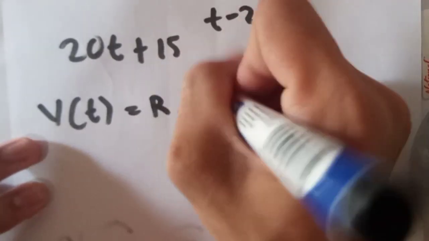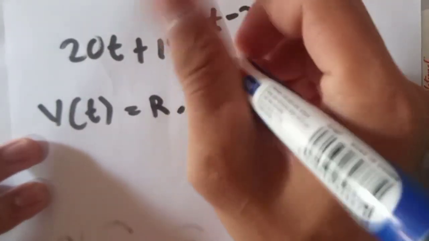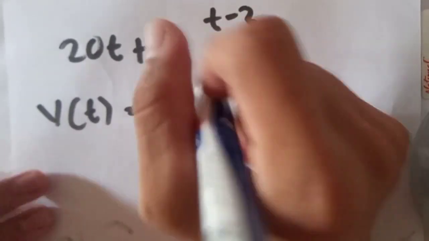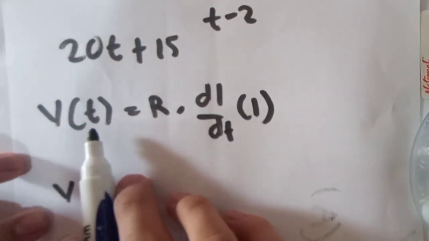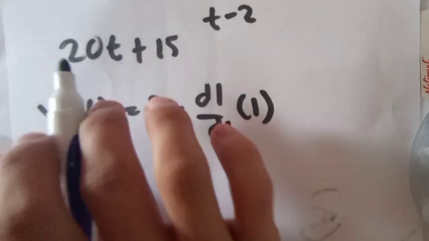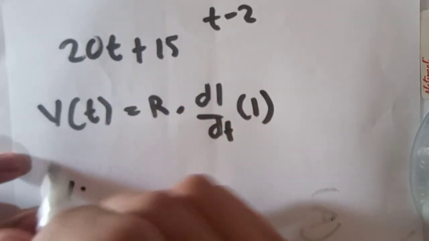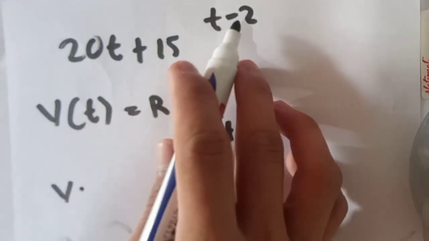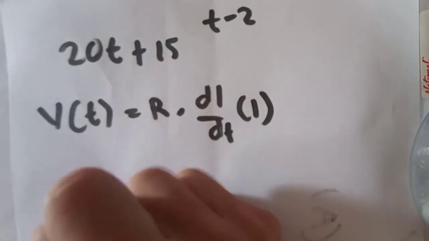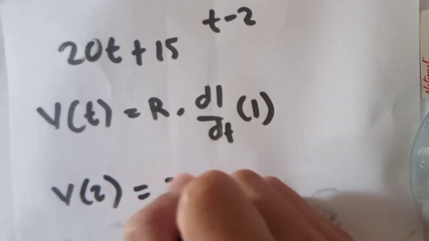We use V equals R times dI over dt, the derivative of the current. We substitute all the t values with 2 seconds.